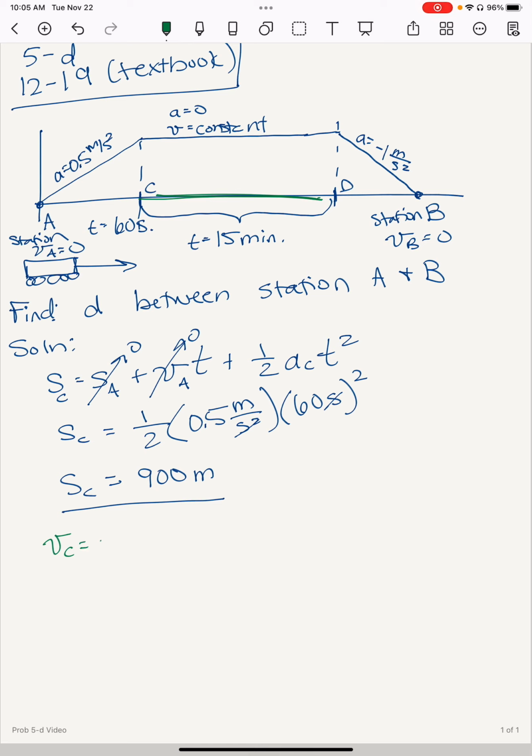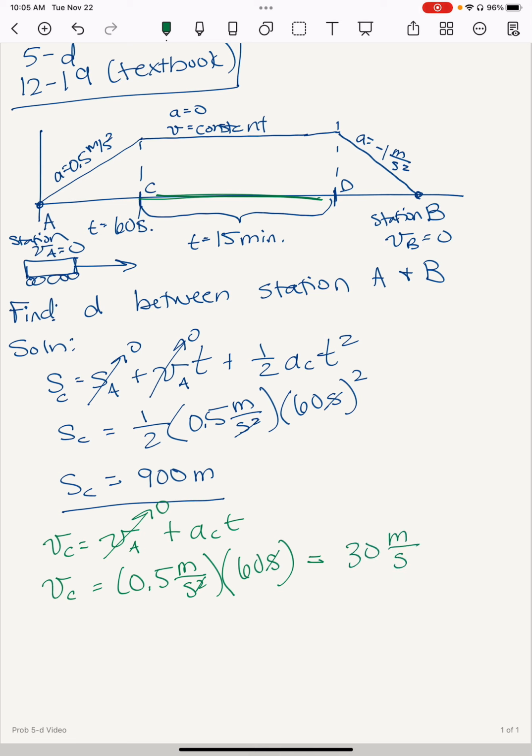So velocity at C equals the velocity at A plus a sub C times time. The initial velocity was 0, so velocity at C equals 0.5 meters per second squared times 60 seconds, and we get 30 meters per second. So that velocity at C that remains constant is 30 meters per second.